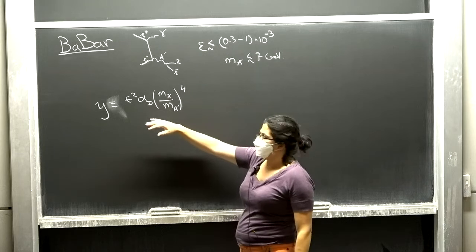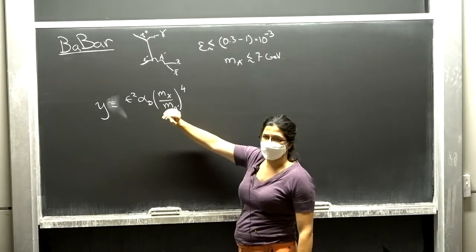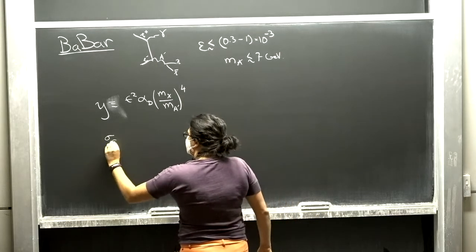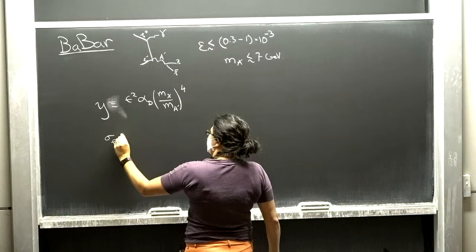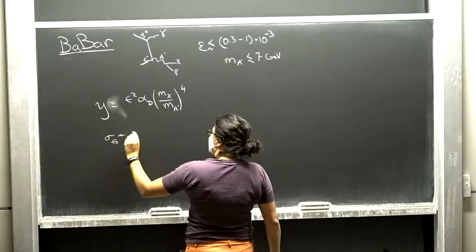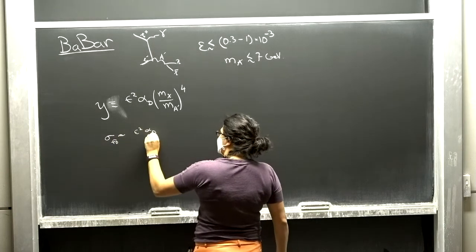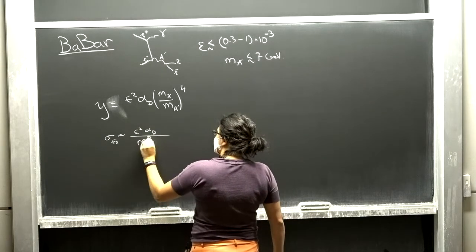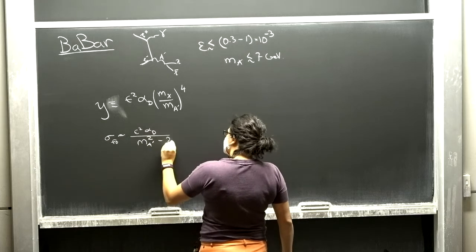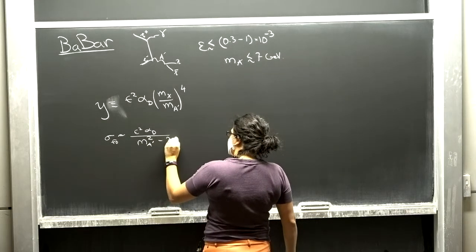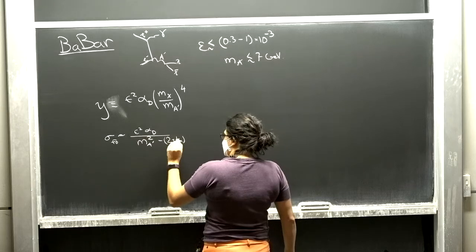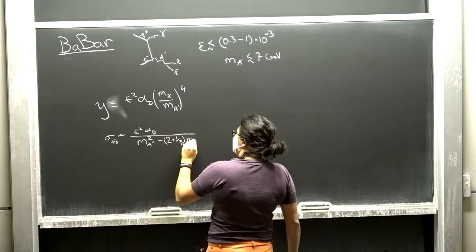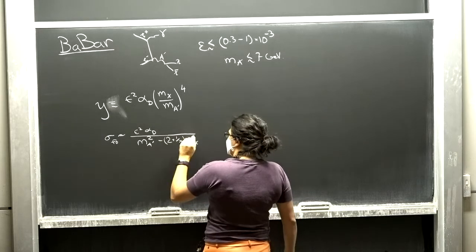This is the thing that roughly sets the freeze-out cross-section, with the caveat that sigma freeze-out, up to pi's, is proportional to epsilon squared alpha dark over (m_A' squared minus 2 plus thermal correction, 1 over x freeze-out) m chi squared.